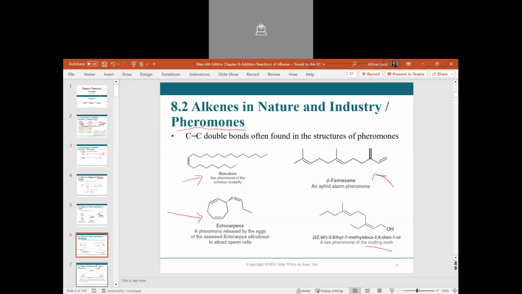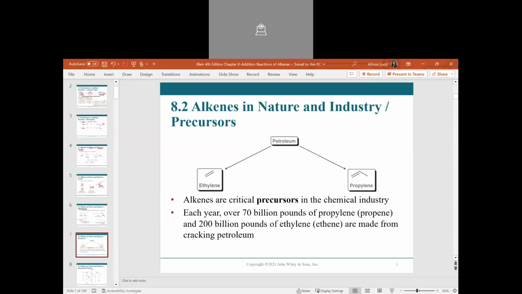So alkenes can be found in nature, and they can also be used in industry. We see on this slide here that we have petroleum, right? So we have these long hydrocarbon chains. They can be broken down, and we can start with ethylene and propylene, so a 2-carbon alkene and a 3-carbon alkene that can produce many products, right?